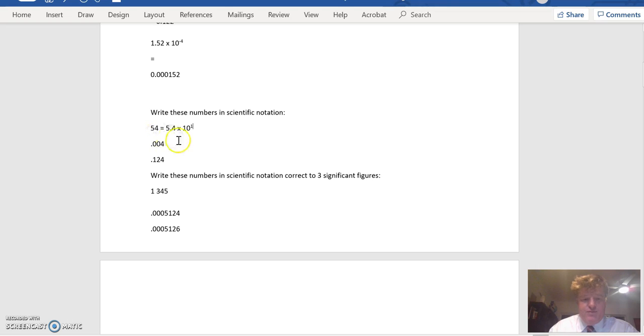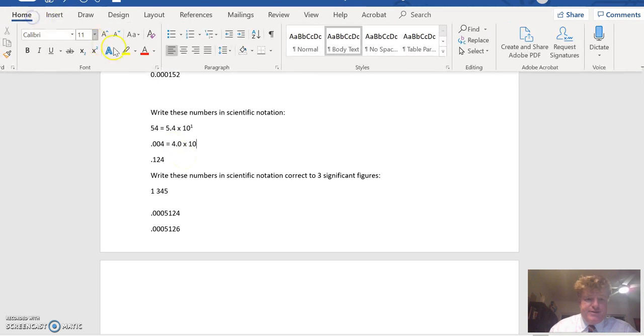Now we start with one number in front of the decimal place, so it's going to be 4.4, and we have to move it 1, 2, 3. 4.4 by 10 to the minus 3.